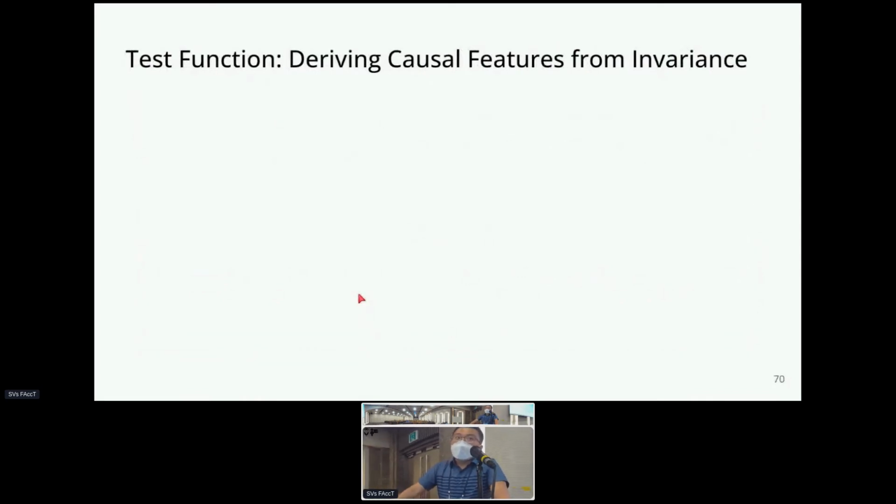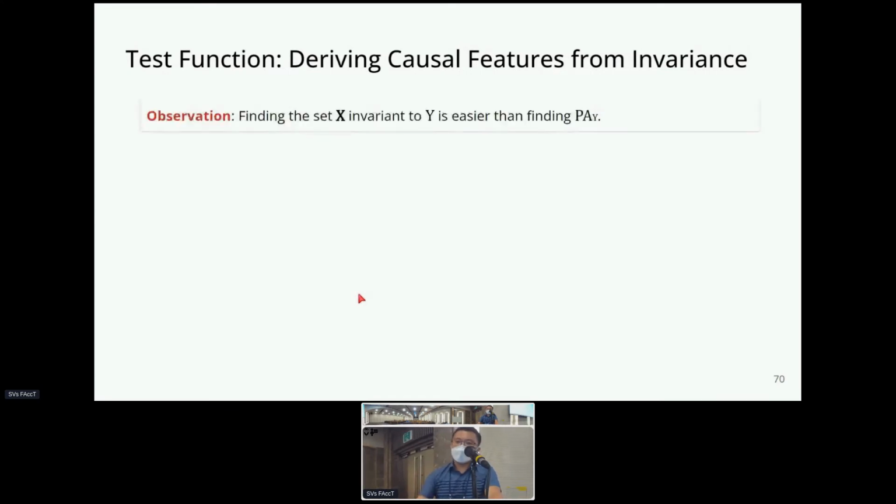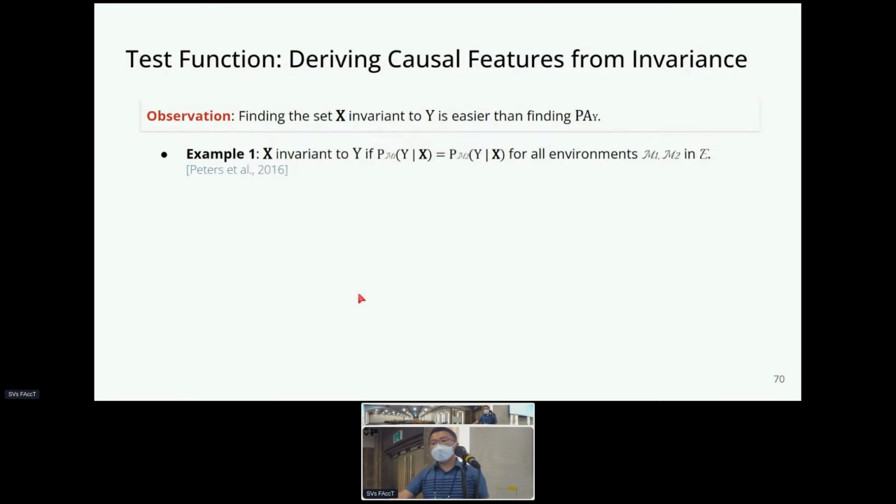We are introducing test functions for deriving causal features from the invariance property. Our observation is that finding the invariant set is actually easier for finding the causal feature, the parents of Y. For example, for all environments, if there is a good estimator for the conditional probability, then we check the probability of Y given X, and if they are the same, then X might be the invariant set.